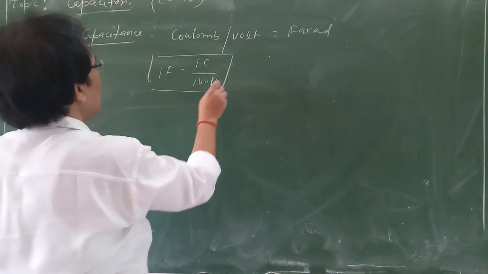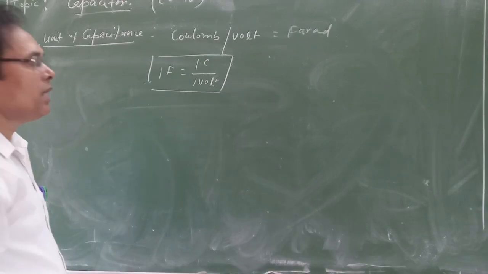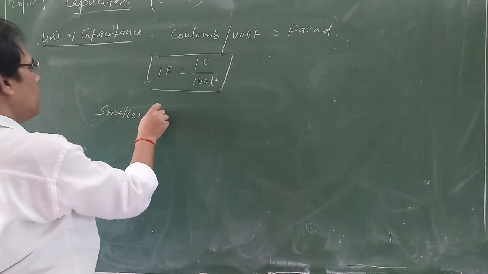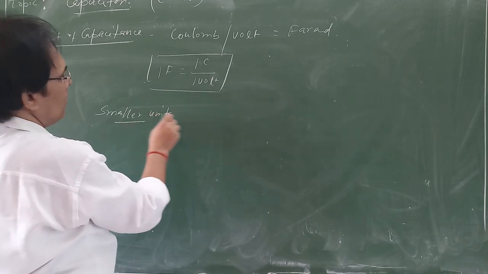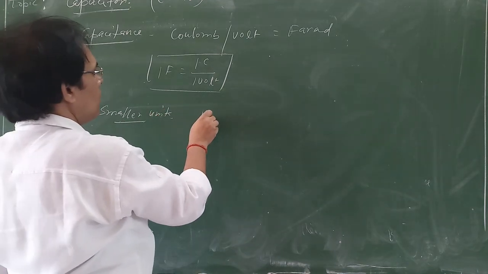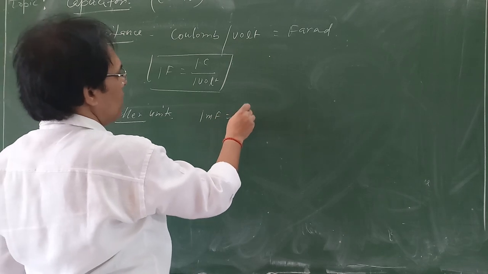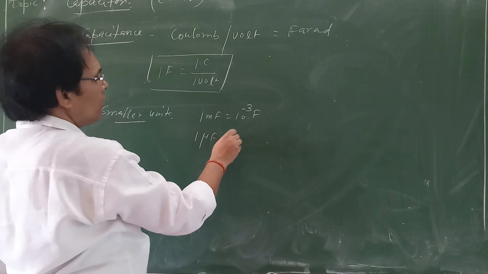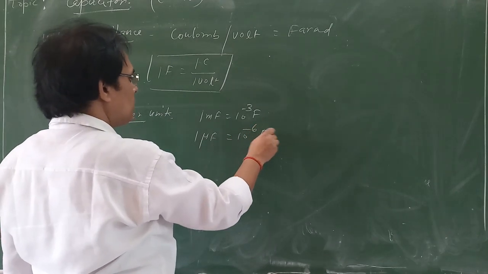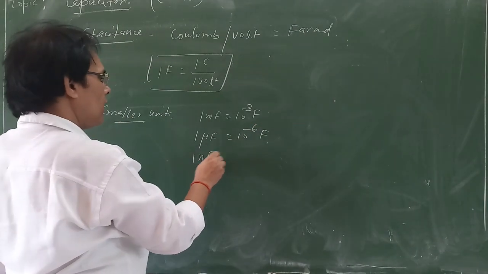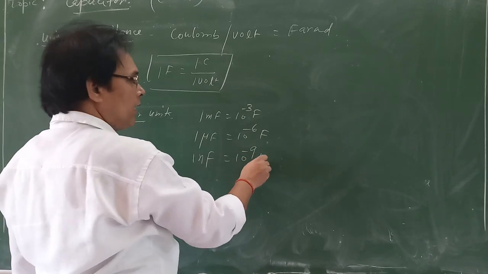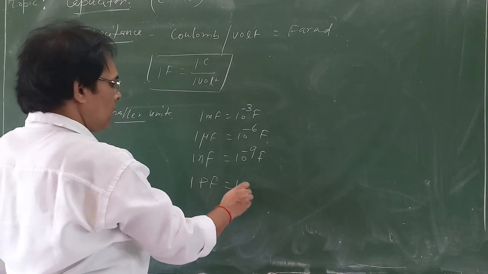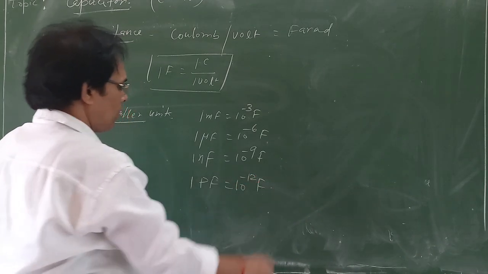But farad is a bigger unit, so there are smaller units. 1 millifarad equals 10 power minus 3 farad. 1 microfarad equals 10 power minus 6 farad. 1 nanofarad is 10 power minus 9 farad, and 1 picofarad is 10 power minus 12 farad.